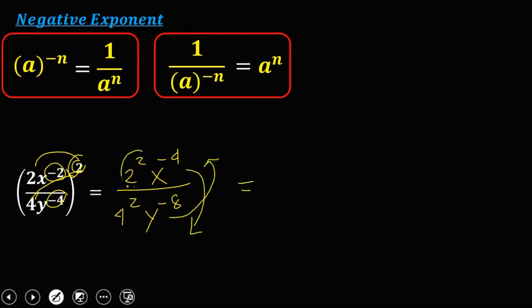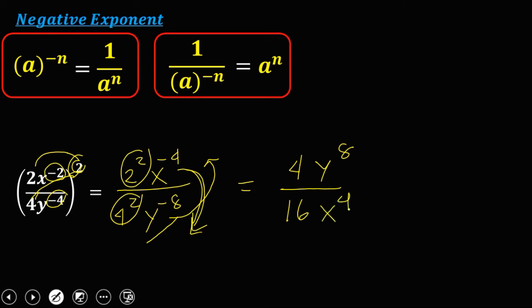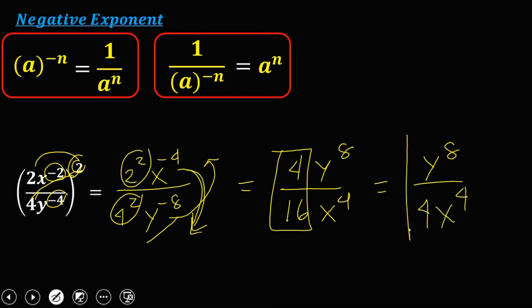And this 2 squared is 4, then bring up y to the power 8 over 4 squared, that's 16. Then bring down, that's x to the power 4. But since 4 and 16 are divisible by 4, we have now y to the power 8 over 4 x to the power 4. And this is now the final answer.